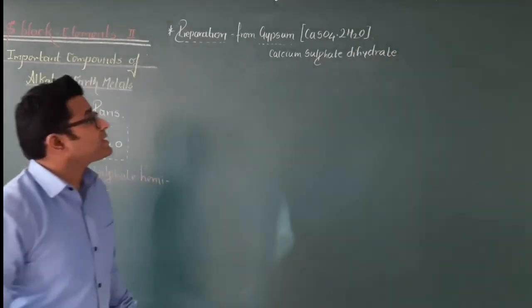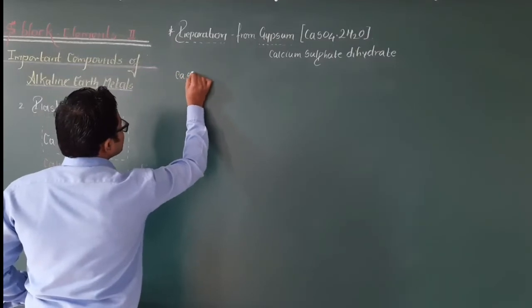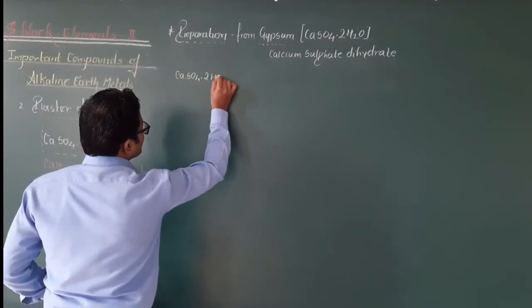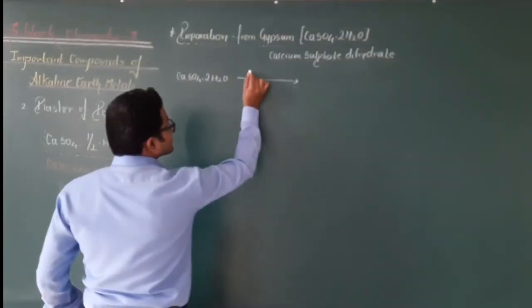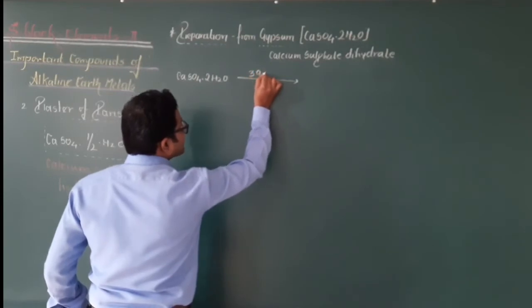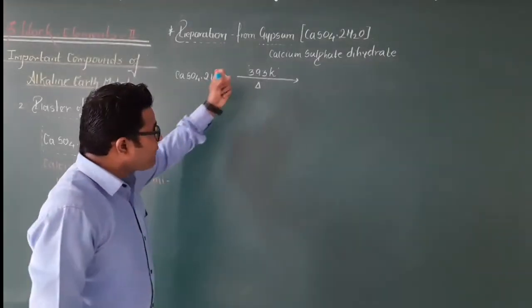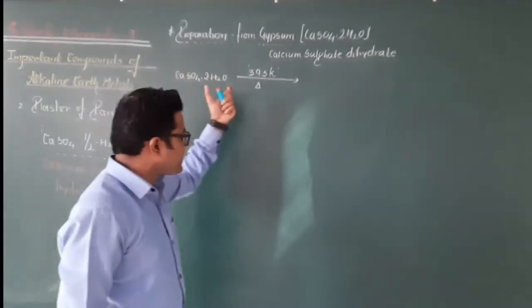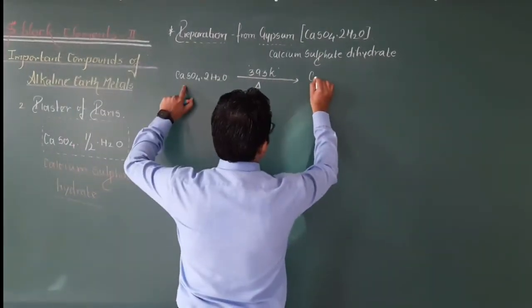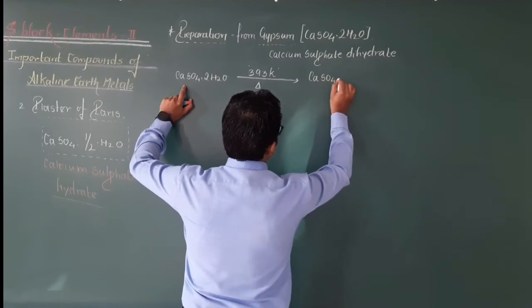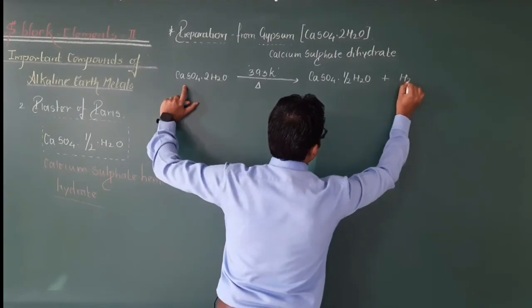Okay, so we are going to take this particular gypsum salt, CaSO4 dot 2 H2O, and as we heat it, the temperature should be set at 393 Kelvin only. Now when we heat this gypsum salt, it will lose water molecules in order to give us CaSO4 dot half H2O along with liberation of water molecules.